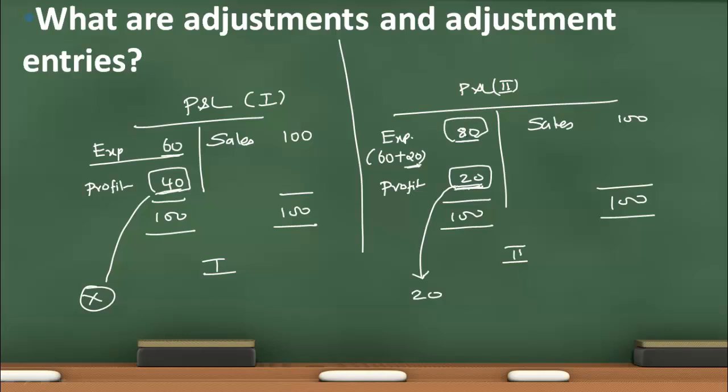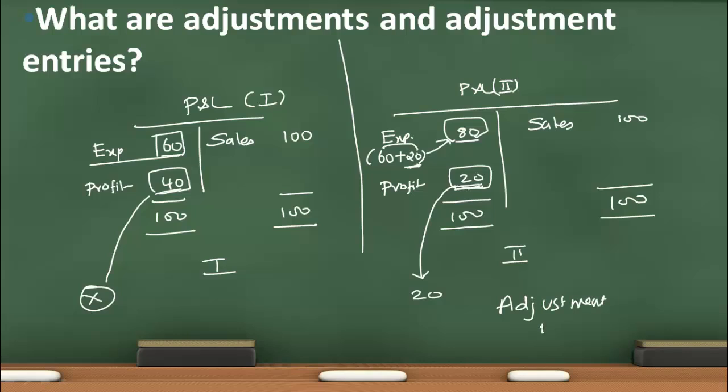By making some adjustment in expense. What is the adjustment? We have added 20 rupees to the expense of 60, so that expense has become 80 against 60 in scenario 1. And this adjustment was possible by making adjustments to the final accounts by passing some entries which are called adjustment entries.